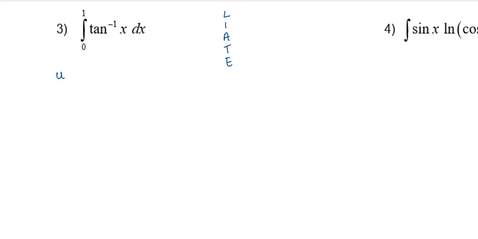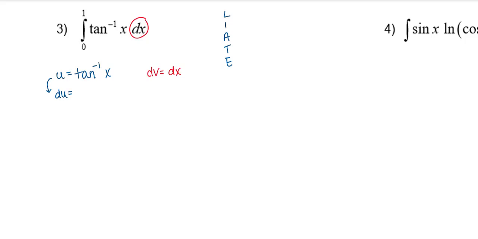So I'm going to say u is this inverse tangent of x. So then dv will be the leftover part of the integrand, which is just that dx. Okay, so now on the left-hand side, again, we're always doing the derivative heading down. So if you're given u, you need to find du.